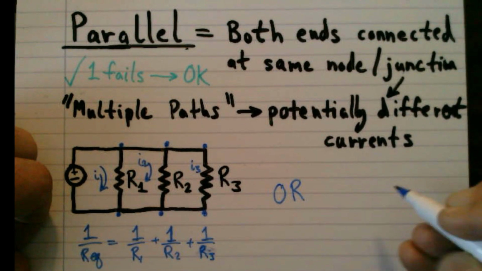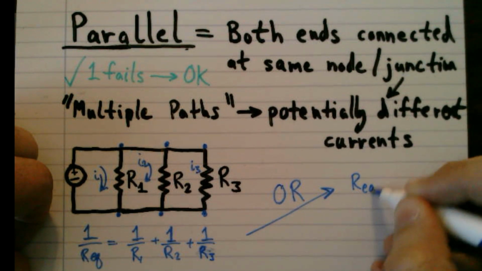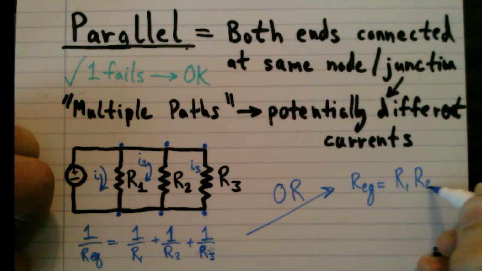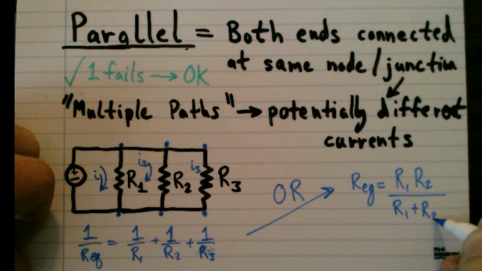Alright, so it can also be simplified: for 2 resistors, the equivalent resistance is equal to R1 times R2 over R1 plus R2.